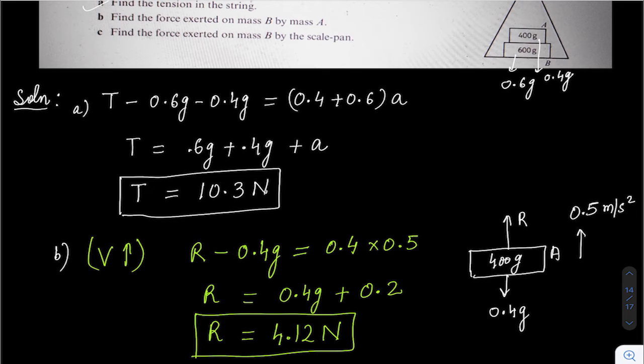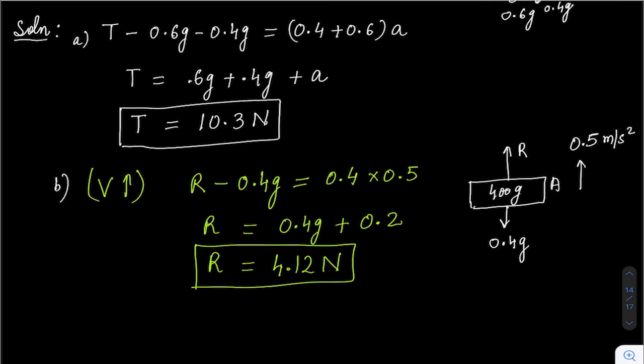We actually have to find the force exerted on B by A. We know they are equal and opposite. So what's the answer for the B part? My answer is that the force exerted on mass B by mass A is 4.12 newtons in the downward direction. Right?